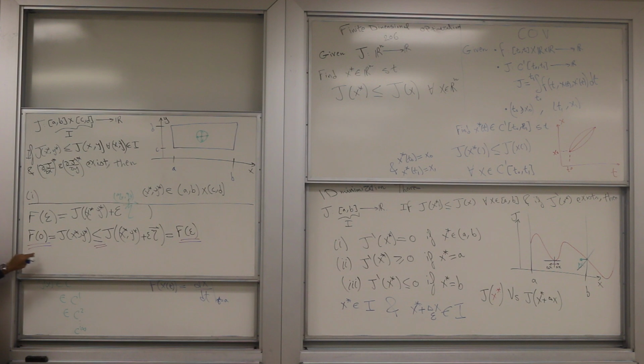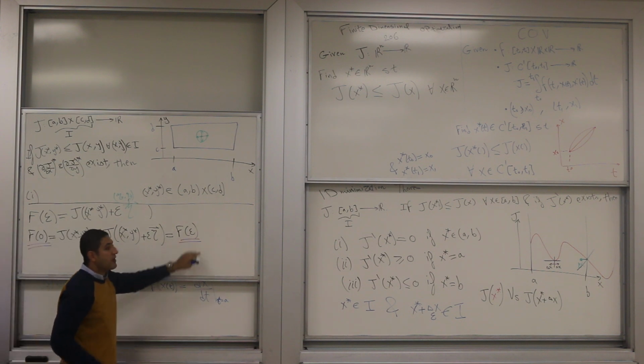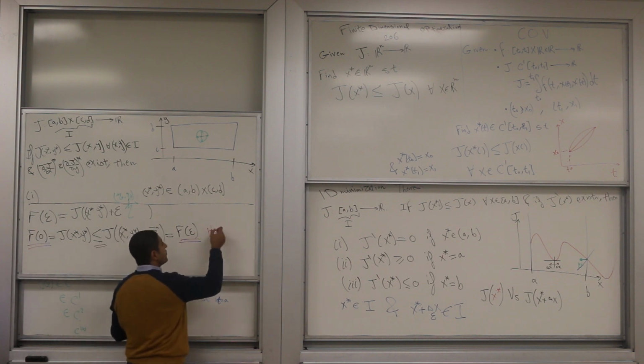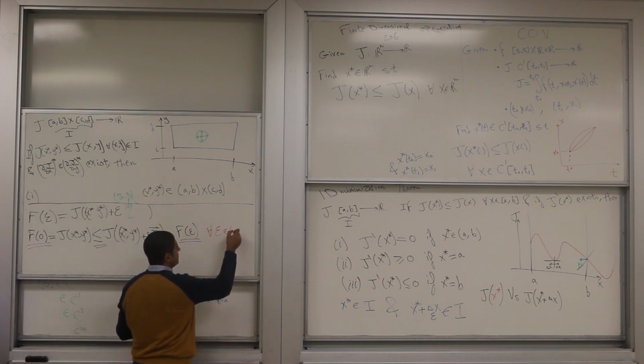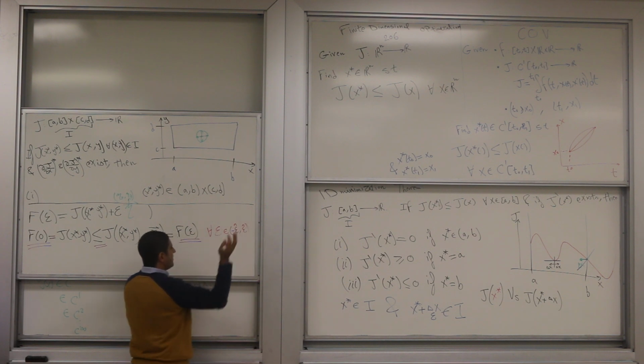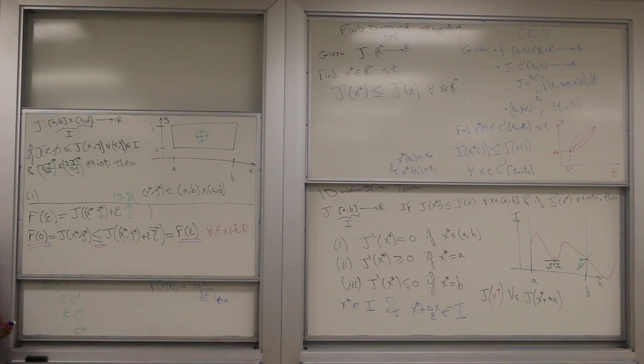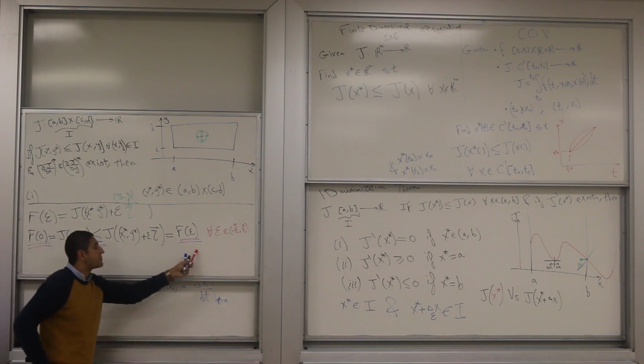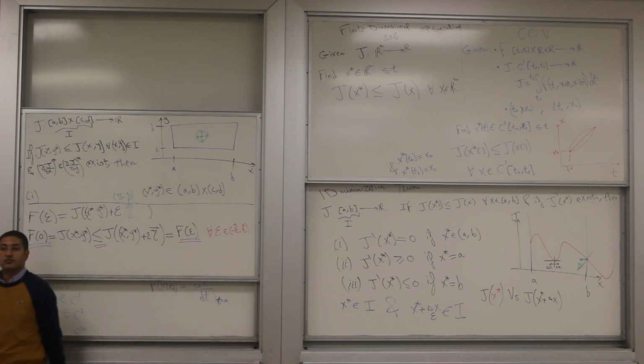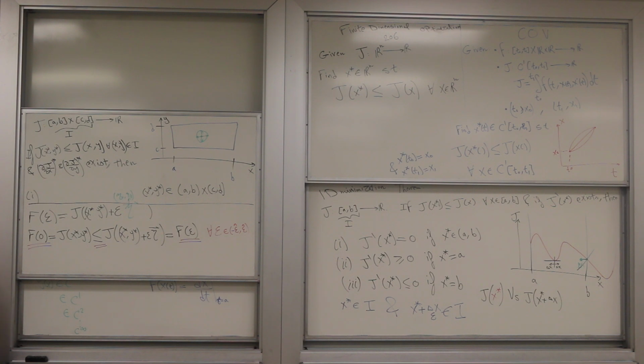It says that f of 0 is less than or equal to f of epsilon for all small enough epsilon, maybe between negative epsilon hat and epsilon hat. Any small numbers, but can be positive, can be negative. So this red statement says f of 0 is less than or equal to f of epsilon for all epsilon in some neighborhood.